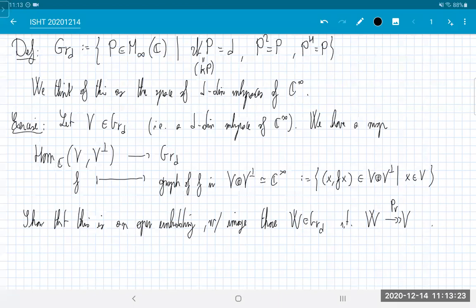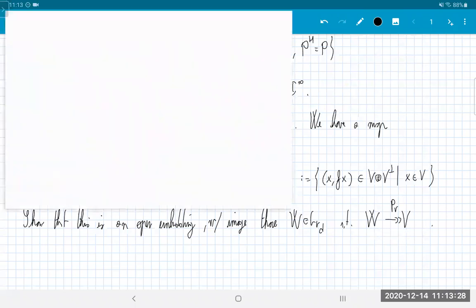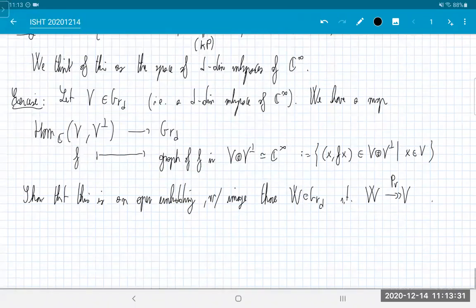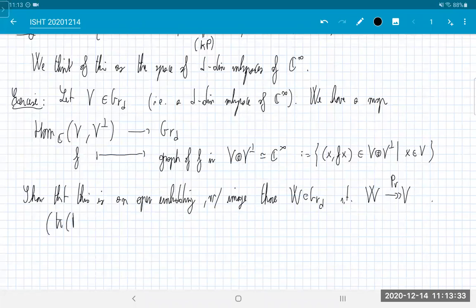And this description tells you that this subset is open, because if you write it in terms of projections, this is saying the trace of P_V P_W is d. No, sorry, the rank, I should say. Well, greater or equal than d, really, but okay. And that's an open condition. That's the non-vanishing of a bunch of determinants. So this tells you that this subset is open.